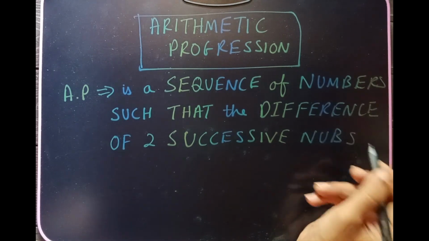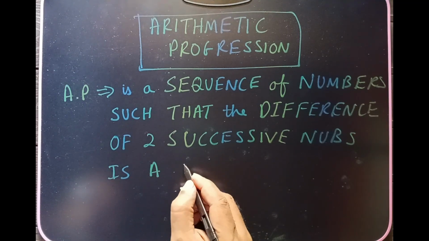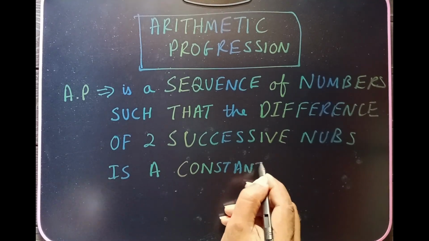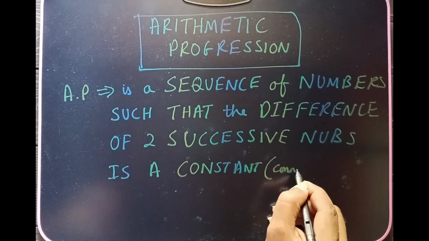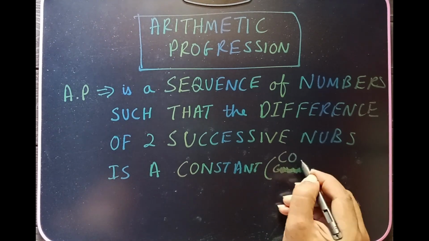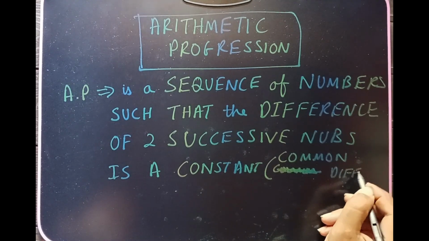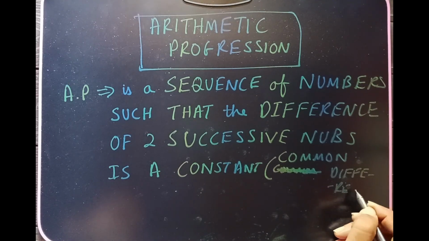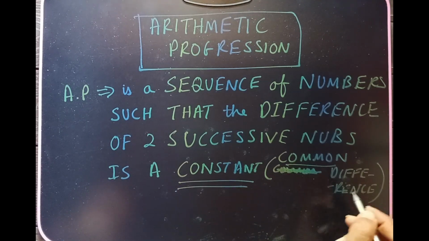numbers is a constant, and this constant is called the common difference.